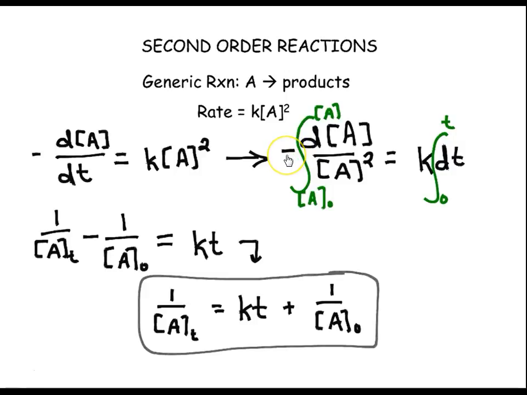There was a negative here, but because this is A to the minus 2 power, when you integrate that, you get A to the minus 1 power, which is down here. But then you also end up with that minus 1 function that you have to deal with, which changes this sign. You multiply that by a negative 1, and that goes away, becomes positive. And then now we end up with this rearranged form of the second order integrated rate law.